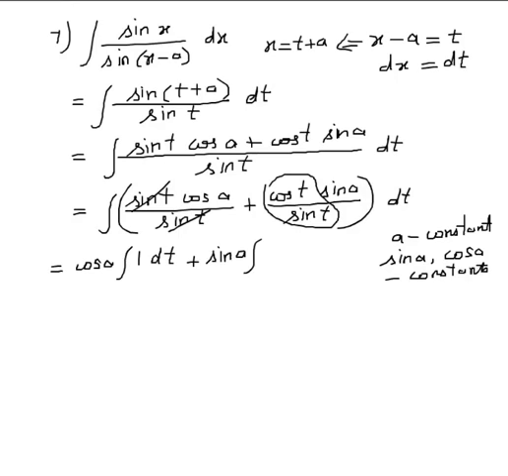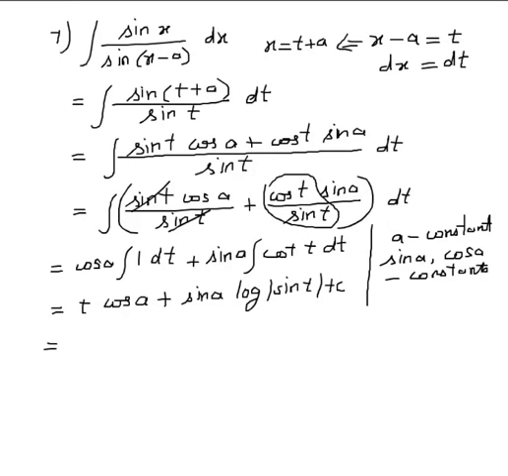And cos t divided by sin t becomes cot t dt. Integral of 1 is t. So it becomes t times cos A and plus sin A into integral of cot is log of absolute value of sin t plus c.